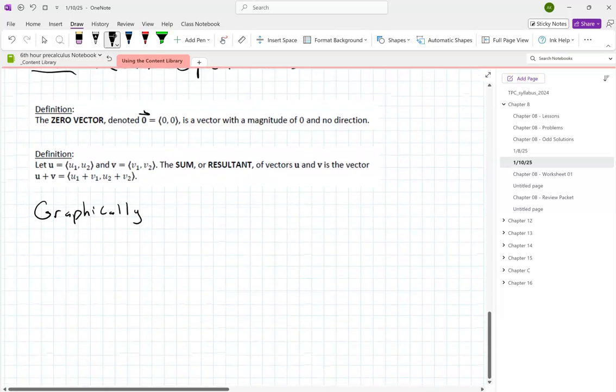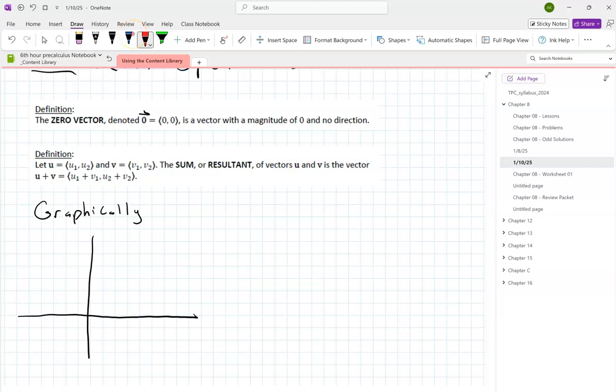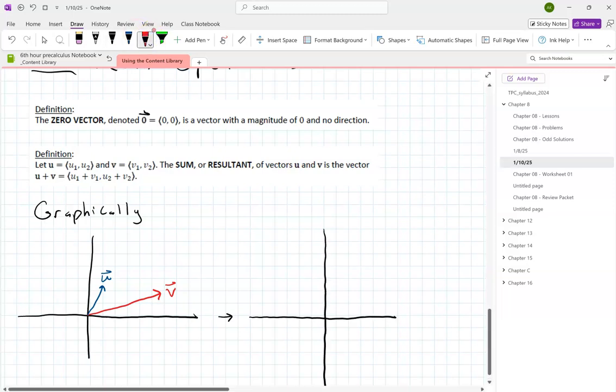So graphically, if I have, say, this is my vector v in component form, and that's my vector u. If I wanted to add those two things together, what I'm essentially doing is taking my vector v, and at the end of vector v, I'm putting my vector u.